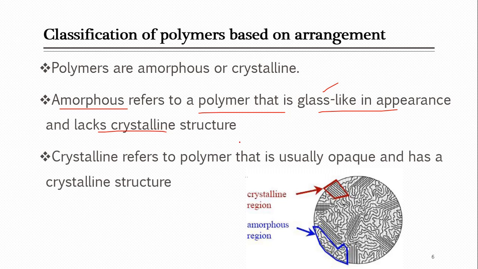But crystalline polymers have properly arranged chains, and they are usually opaque, and they have crystalline structure. In this diagram you can see this portion indicates amorphous polymer, while the others indicate crystalline regions.